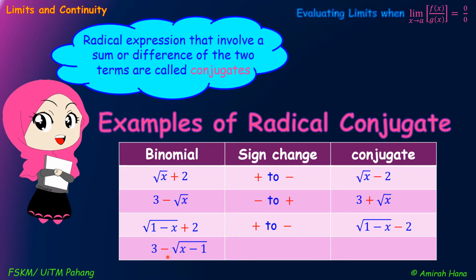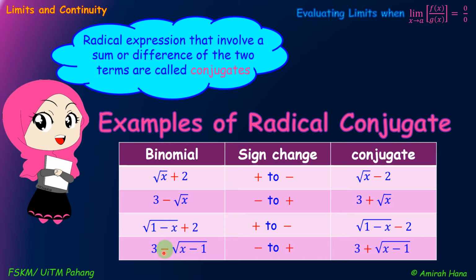Let's say we have the binomial 3 minus radical x minus 1. From here we change from the minus sign to a positive sign. So we get 3 plus radical x minus 1. This is called the conjugate of this binomial.